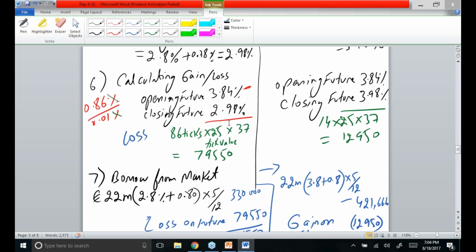You can convert it into ticks just by dividing on your calculator by 0.01%. When you divide 0.86% with 0.01%, percentage will be cancelled out, and this 0.01 will convert this 0.86 into 86 value, that is ticks. And one tick is equal to 25, multiply it with the 25 and then with the number of contracts. That's how you're going to calculate the total loss value.